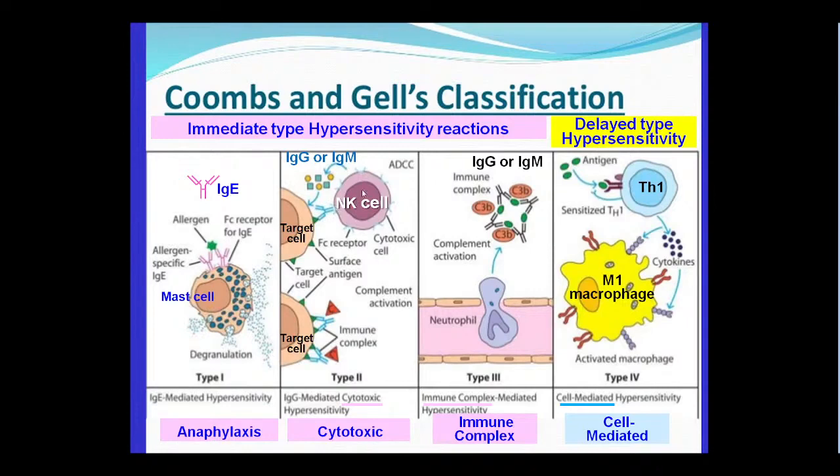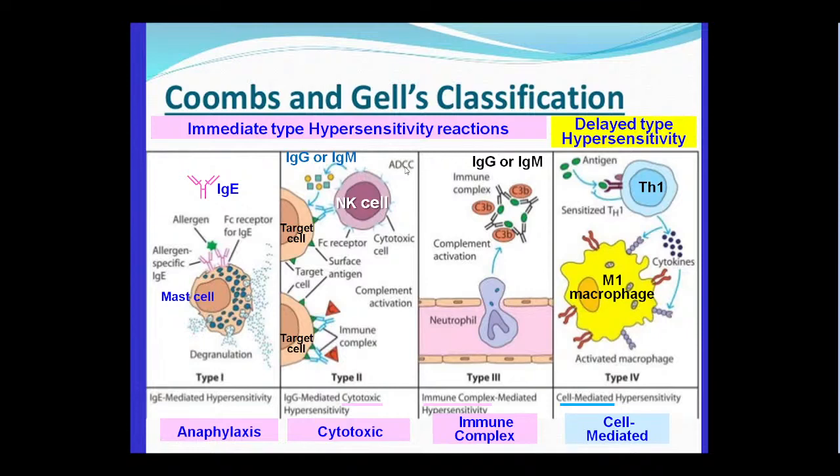A natural killer cell binds to the target cell and releases enzymes and perforins. They are shown by the yellow circles and blue squares, and these cytocidal substances attack the membrane of the target cell, causing lysis of this cell. This process of destroying the target cell by a natural killer cell with the help of antibodies is named antibody-dependent cellular cytotoxicity, ADCC.